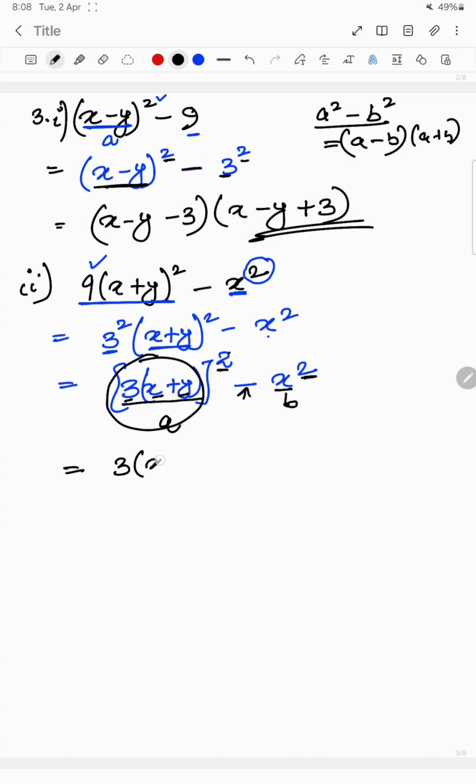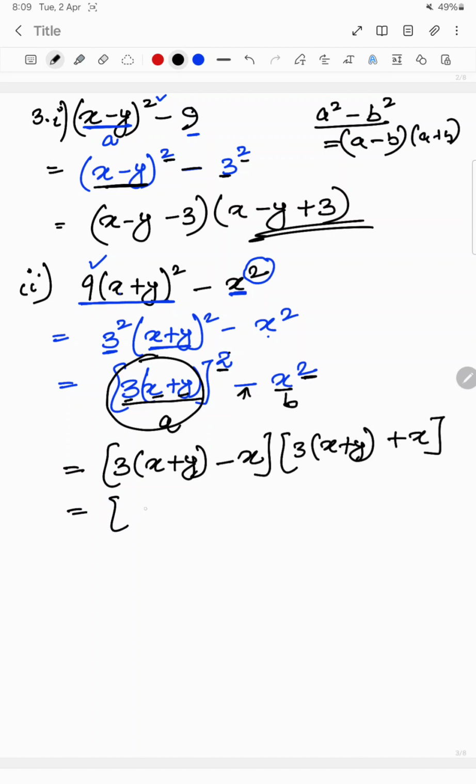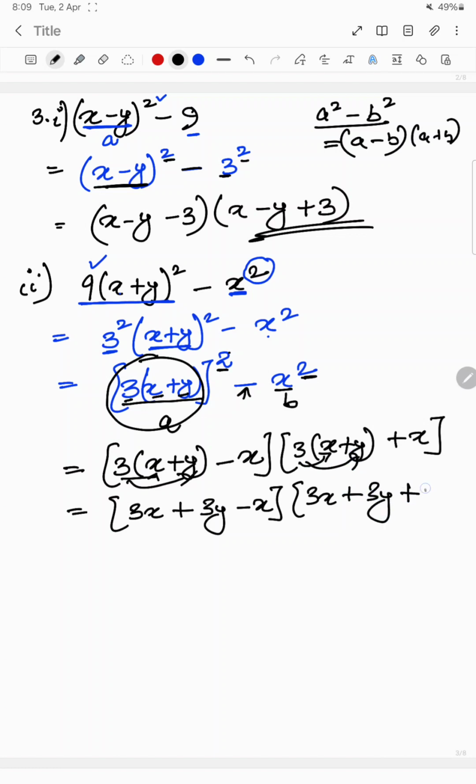So 3 into x plus y is a minus b, this is 1, 3x plus y is a, and you have now plus b, here is x. So now remove the bracket. So when you remove the bracket, 3 into x will give you 3x plus 3 into y will give you 3y minus x. Here now 3 into x is 3x plus 3 into y is 3y plus x.